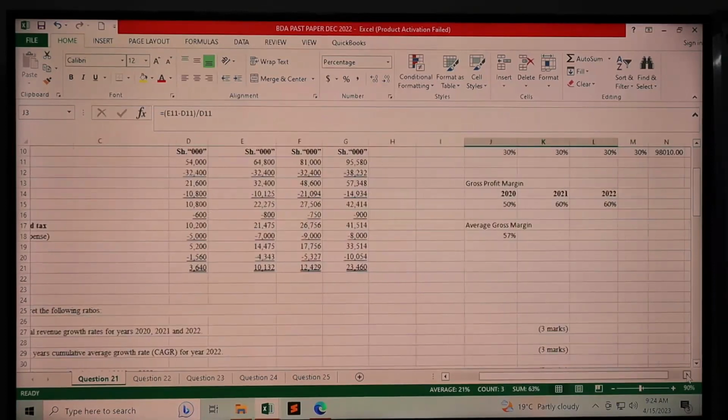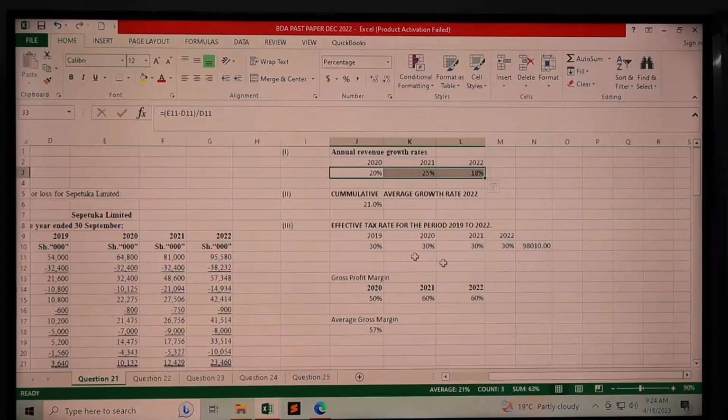To interpret here, what can you say here? So you're saying that there is an increase in revenue for 2020, 2021, then further a decrease in 2022. So what is this decrease we are referring to?